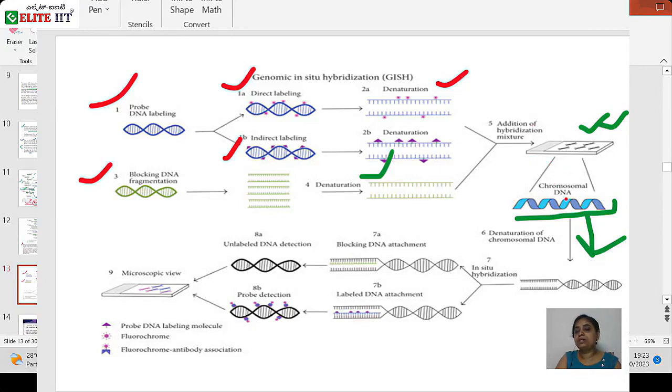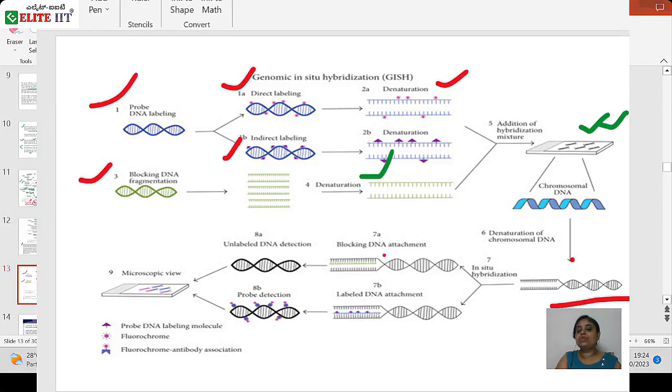Now if you consider this is the chromosomal DNA you want to identify, you have to do the denaturation of the chromosomal DNA. And now in situ hybridization is happening, because in this case the probe DNA is there and the blocking DNA is there. So you will find two types of hybrid.